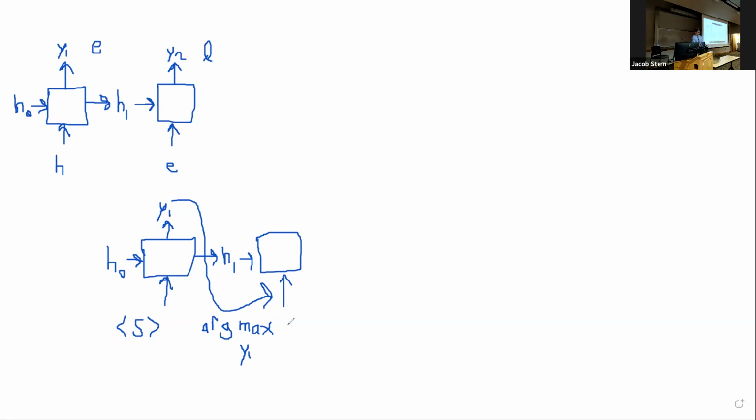Okay, so going back to how we can use this at inference, we can take the argmax over y1 and use that as input to the next unit of the recurrent neural network. Any other ideas of possibilities, or maybe places where we could fail if we only ever take the maximum probability token? Yeah, what do you think?